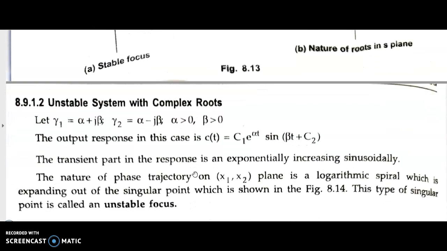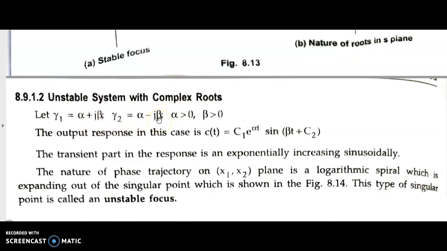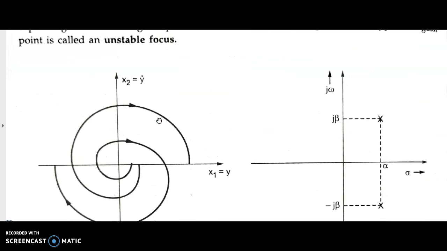Next, an unstable system with complex roots. When do we call it unstable? Complex roots plus alpha plus or minus j beta. You will get these two roots here: plus alpha plus j beta and plus alpha minus j beta. The roots exist on the right side of the graph.